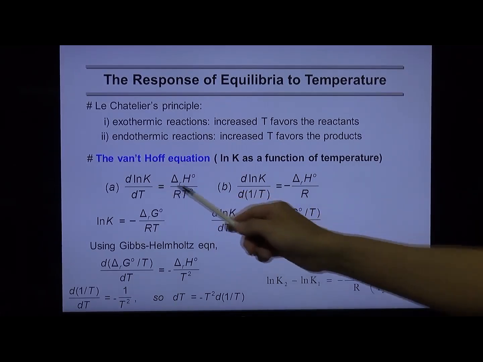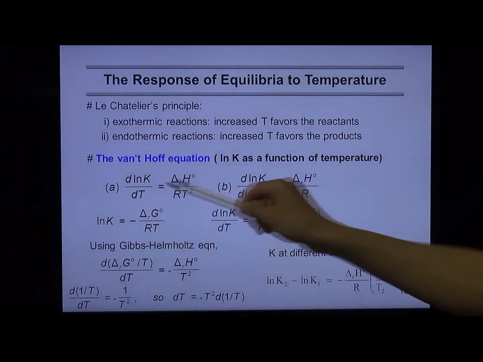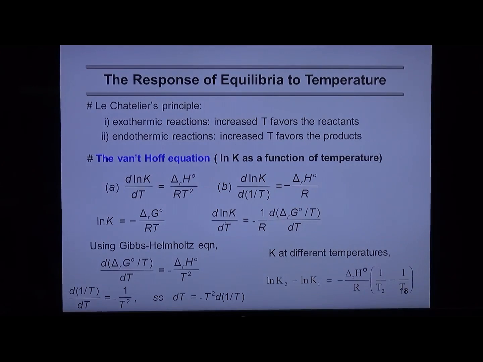If you integrate both sides by moving dT over to this side, you can simply get this expression. At two different temperatures, if the equilibrium constant is K1 at T1 and K2 at T2, then ln K2 minus ln K1 is equal to minus the standard reaction enthalpy over R, times 1 over T2 minus 1 over T1.